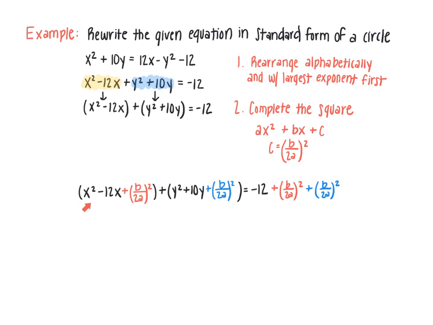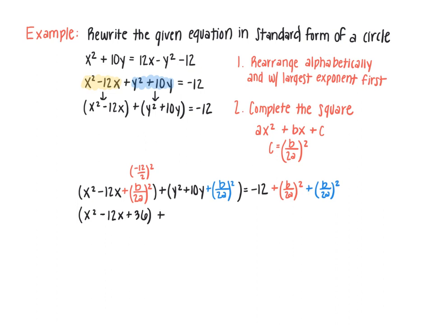So when looking at my first polynomial, I know a is just an imaginary 1, and I know that b is negative 12. So if I were to plug that in right here, that would give me negative 12 divided by 2, which is negative 6. And when I square that, that would give me 36. So this would effectively become x squared minus 12x plus 36.